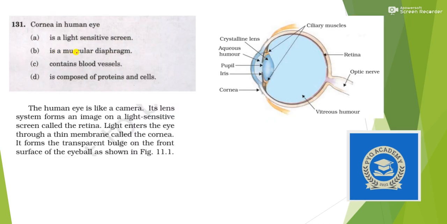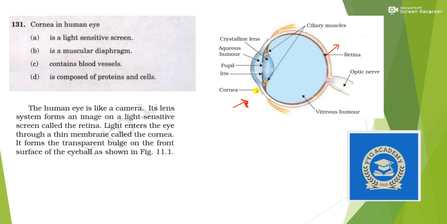Next is asking about the structure of the human eye related to the cornea. You can see I took this picture from NCERT itself. The question is asking, cornea in the human eye is: first option, a light sensitive skin. No, a light sensitive skin is nothing but the retina. Is it a muscular diaphragm?